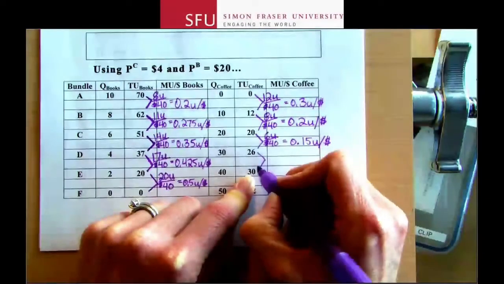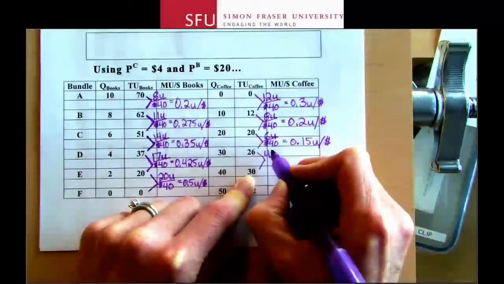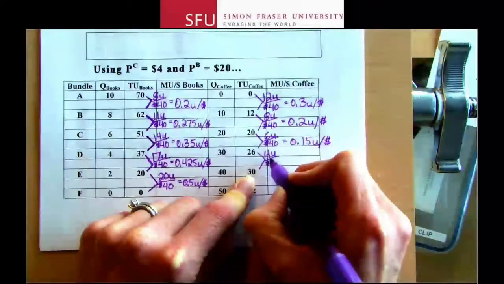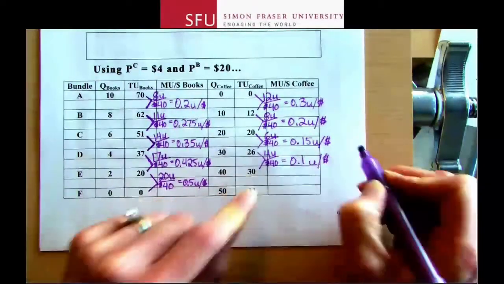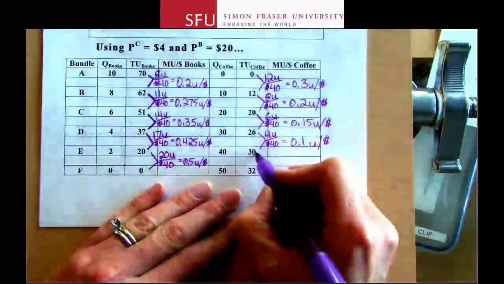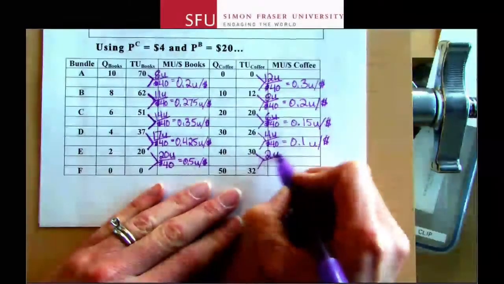Next 10, 26 to 30, so that they give you 4 units of utility and cost you $40. 0.1. Okay, and then the last two only give you 2 units of utility, cost you the same.